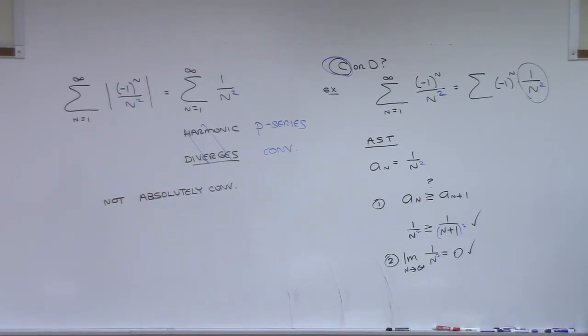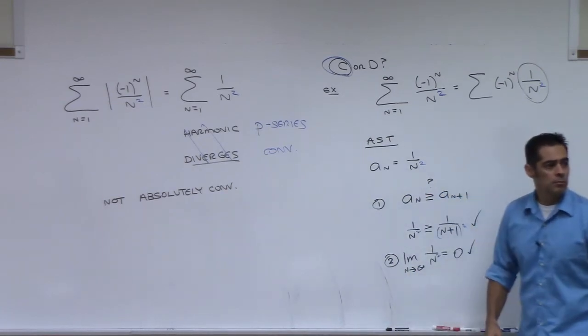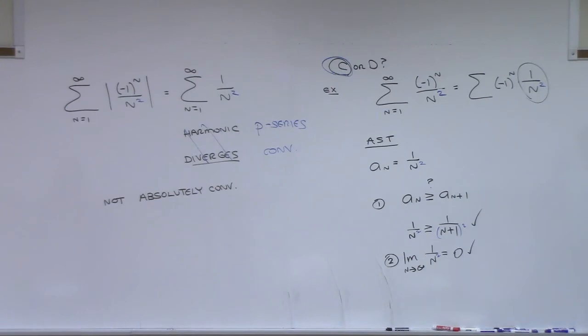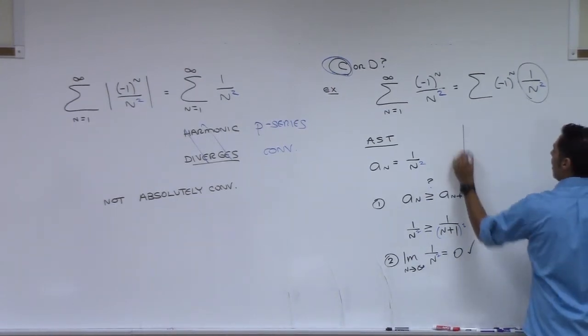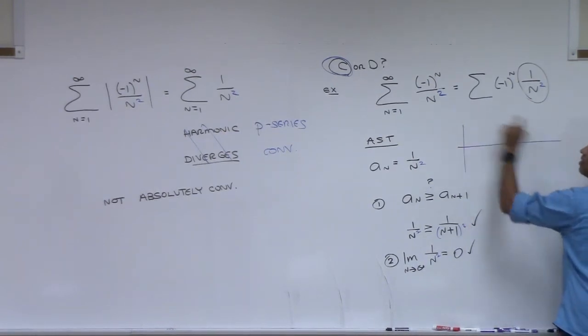What would that look like? Are you saying as a series or as a sequence? Because remember, the series is adding the things up. Let's look at this as a sequence first.